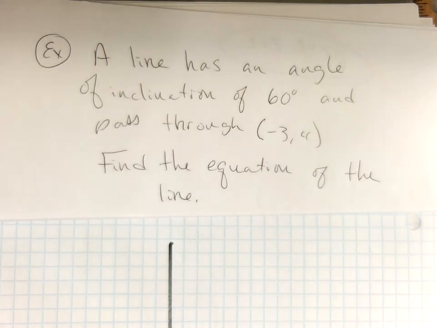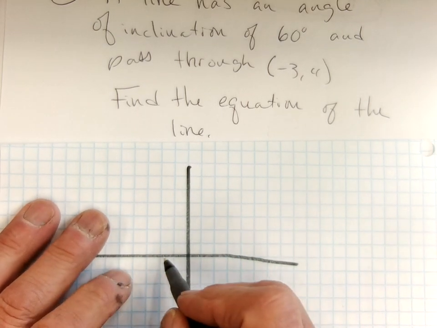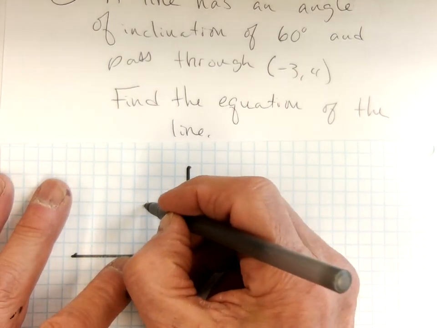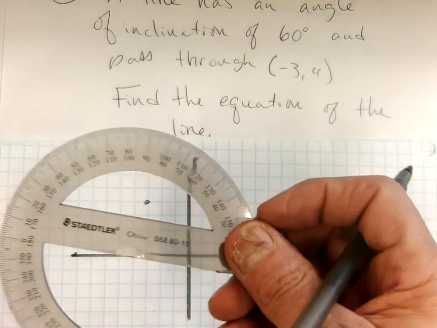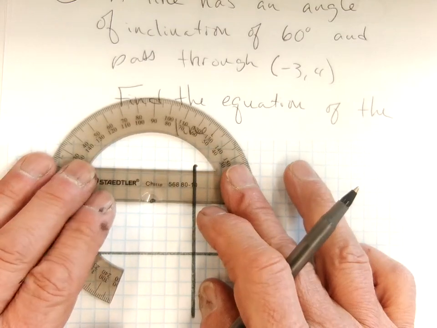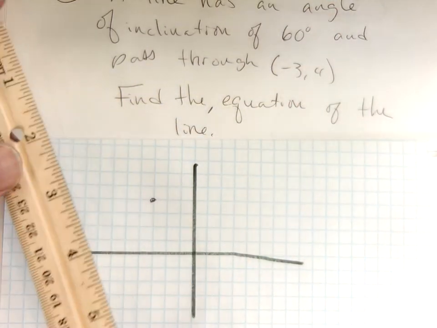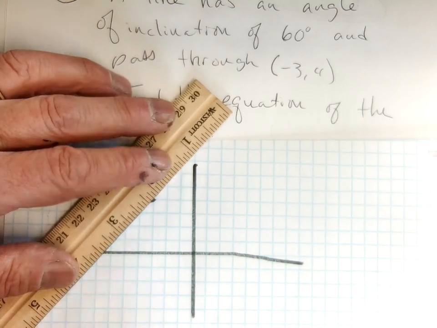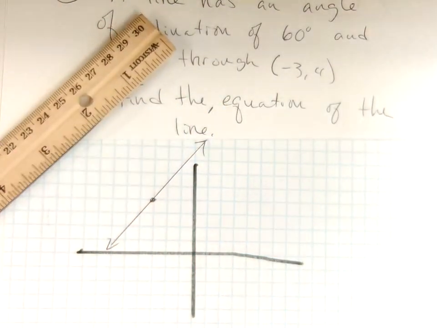My ruler is broken right there, huh? Okay. Broken protractor too. Everything's broken these days, huh? Wow. Broken ruler, broken protractor. Anyway. There you go. Okay, there's a picture of it.